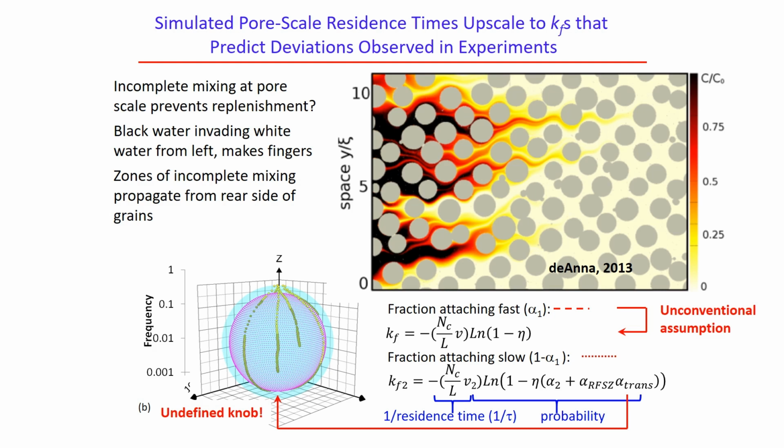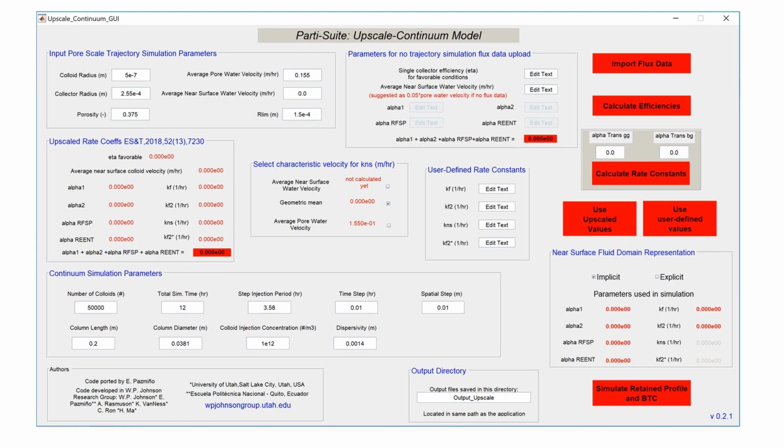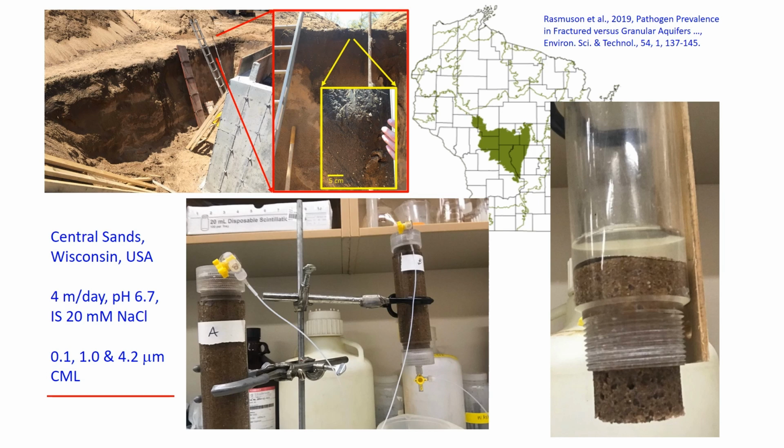Nice work by Diana and colleagues shows that when a fluorescent tracer is invading from the left and displacing tracer-free fluid on the right, you form zones of incomplete mixing that propagate from the rear flow stagnation zones of grains and actually, in fact, connect to the forward flow stagnation zones of down gradient grains, implying that you will affect the mass transfer of colloids to surfaces. And so we're checking this to see whether or not this has an impact on what we see at the pore scale and the continuum scale, and explains our continuum scale deviations from log linearity.